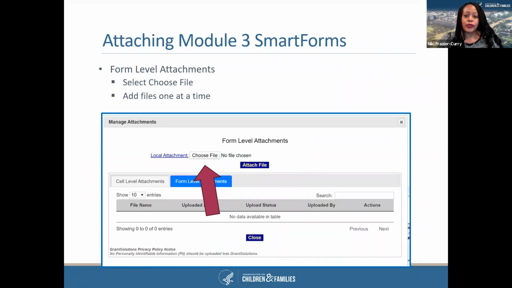And then that takes you to the form level attachment screen where you would choose File and select that. For this, you can only add one file at a time.